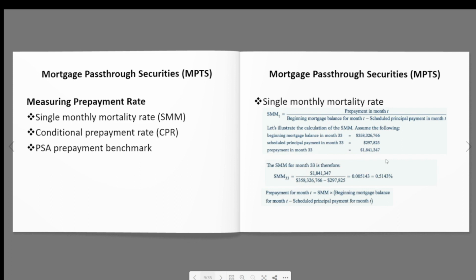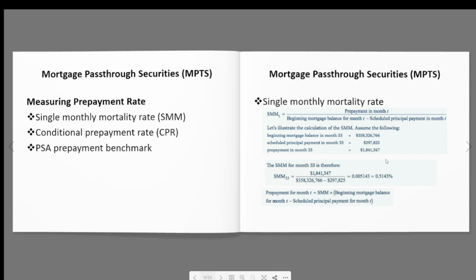Beginning mortgage balance in month 33 is 358,326,766. The scheduled principal payment in month 33 is 297,828. The prepayment in month 33 is 1,841,307.